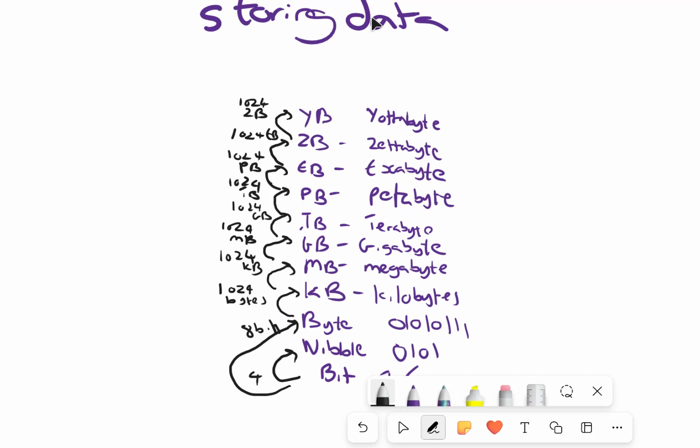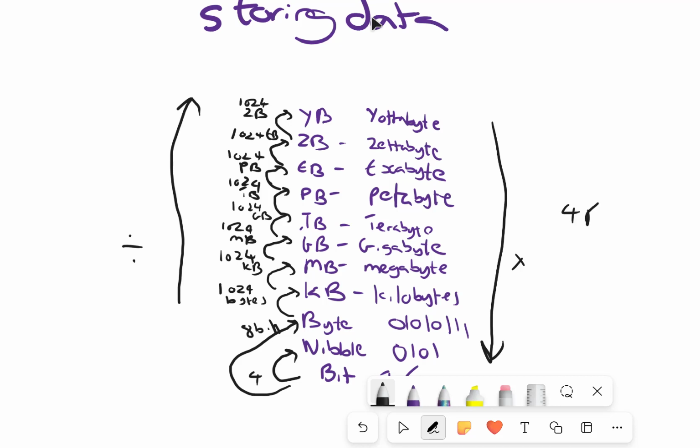And there we go. If we want to convert something going upwards, we divide it by these numbers. If we want to convert it going downwards, we multiply it by these numbers. So if we want to convert, let's say 4 gigabytes and turn it into megabytes.